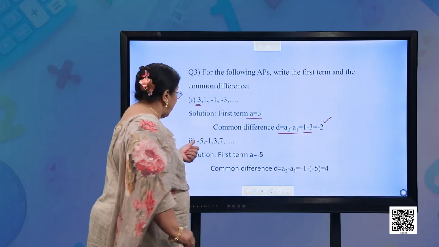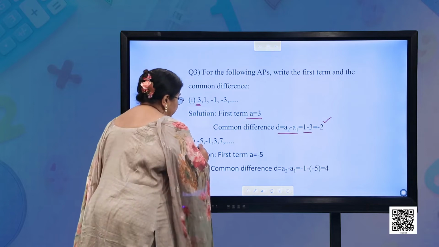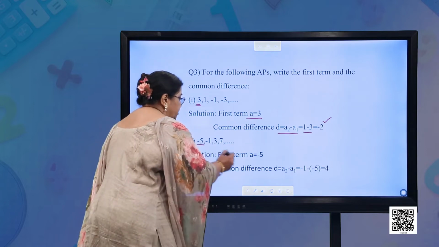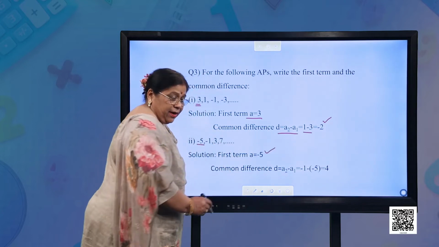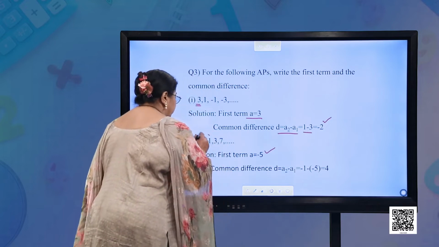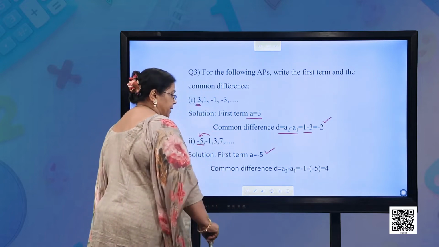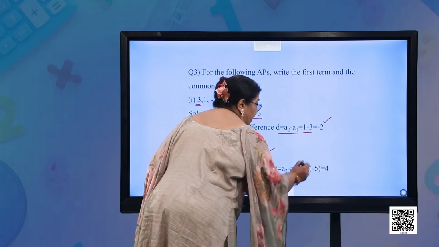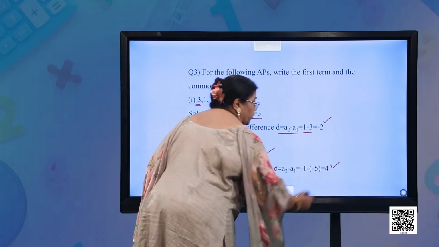Is it clear? Now, second question, we have minus 5, minus 1, 3, 7 and so on. Obviously, first term is how much? Minus 5, very good, and common difference can be calculated by subtracting first term from second term, that is minus 1 minus of minus 5, that gives us 4.